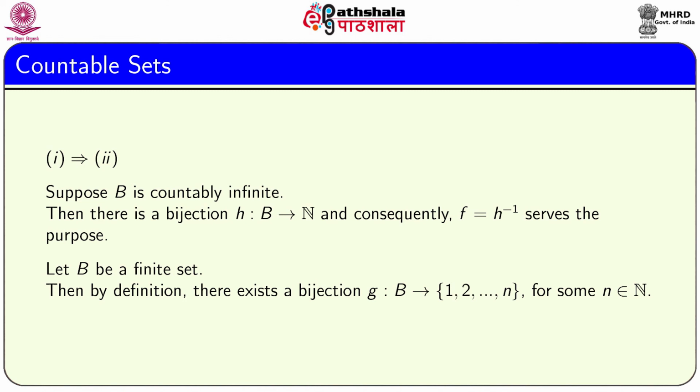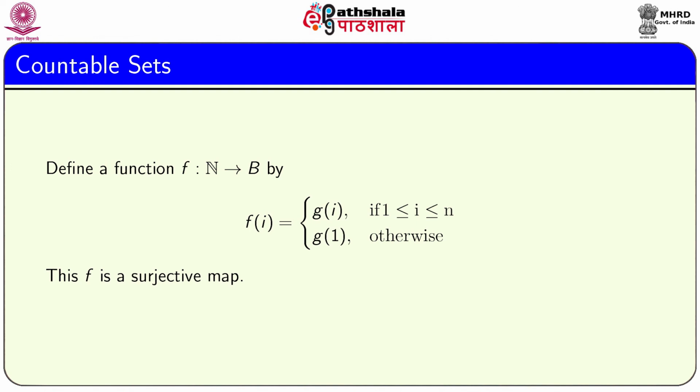In that case, the definition says that there is a bijection G from B to {1, ..., n} for some n belonging to N. Define a function F from N to B by F(i) equal to G(i) for i lying between 1 and n, and G(1) if i is taken outside {1, ..., n}. That means i has values starting from n plus 1. This F is a surjective map as desired.